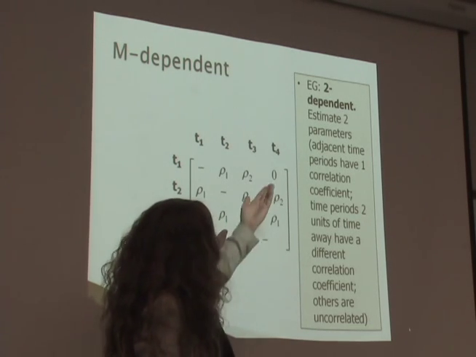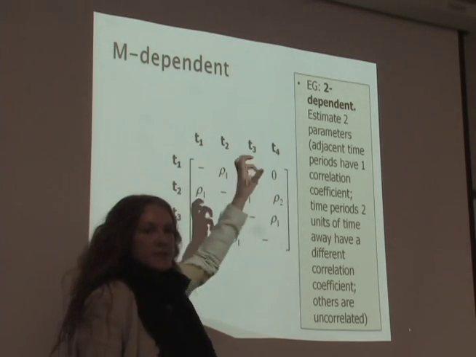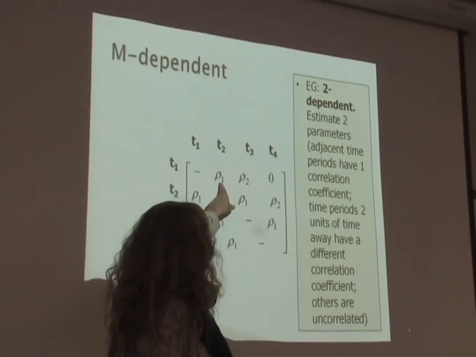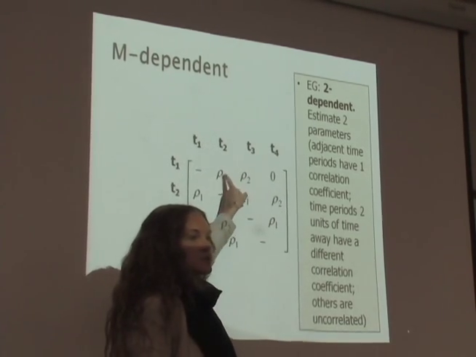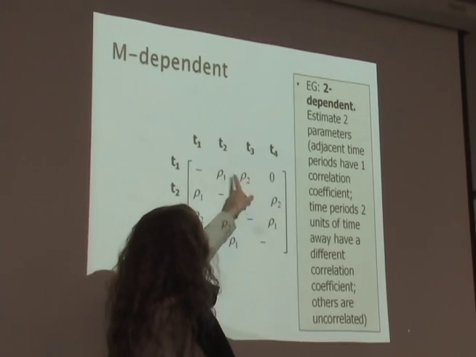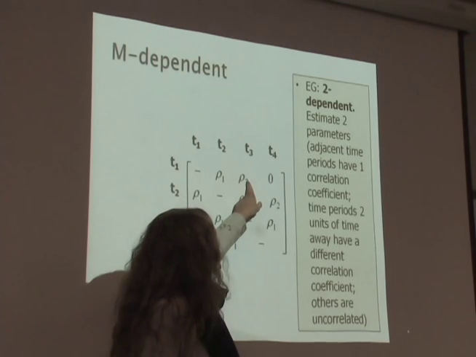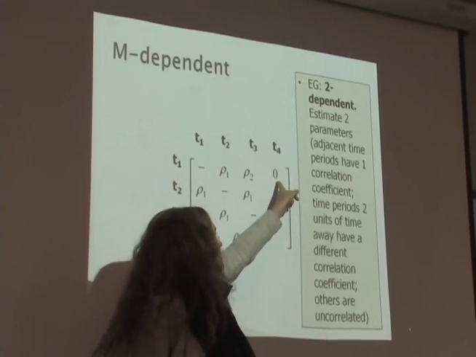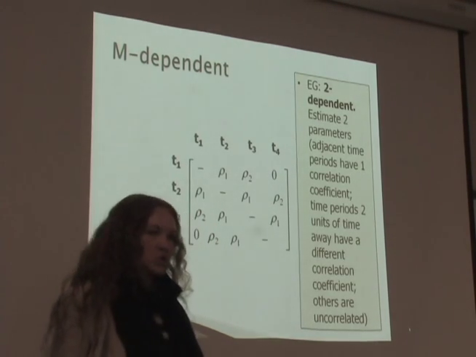M-dependent, say, for example, 2-dependent, is going to fit correlation 1, correlation 2. These are assumed to be dependent observations, and it will fit the correlation for us. And then we assume the rest further out to be independent, so 0 correlation, okay?